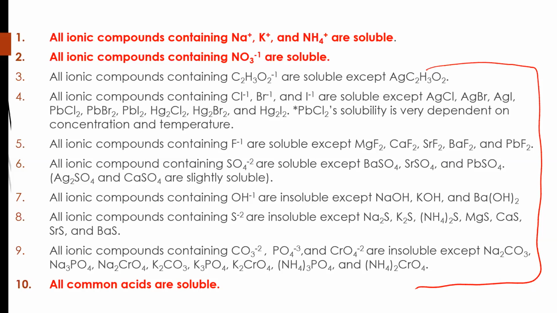However, we also have these other three which don't have any exceptions to them. So these ones in red, we need to memorize. You want to write those down because you need to know these three rules, but all the other ones you have on your periodic table that you can refer back to. It's because these three are always soluble. So there's no exceptions to remember for that.